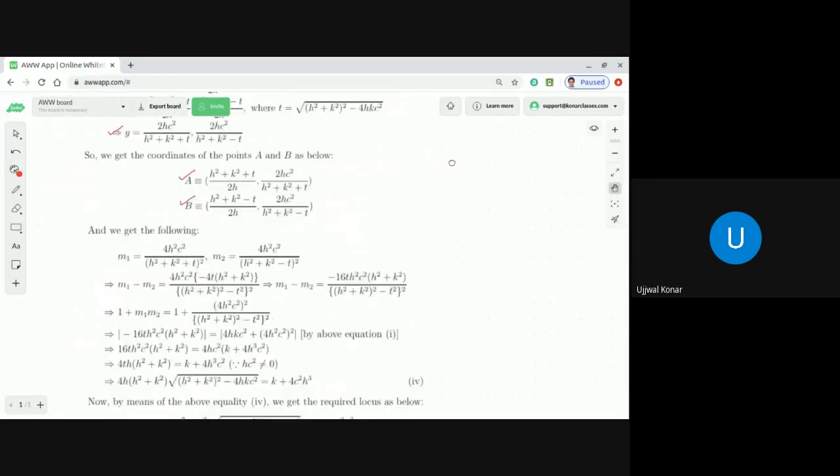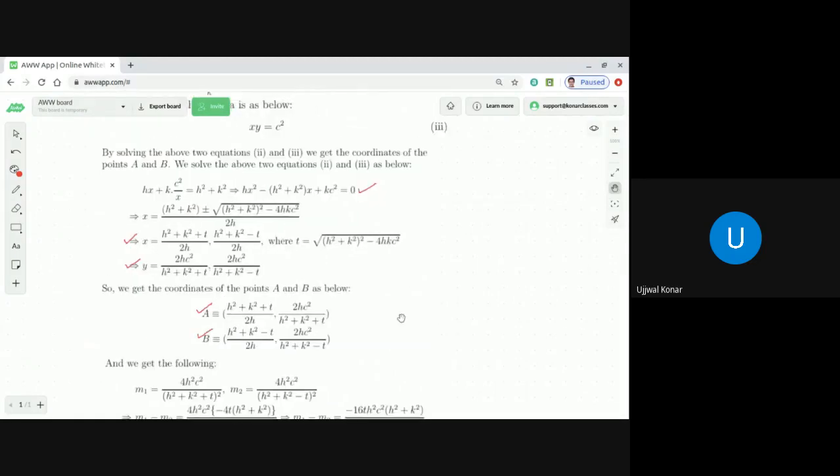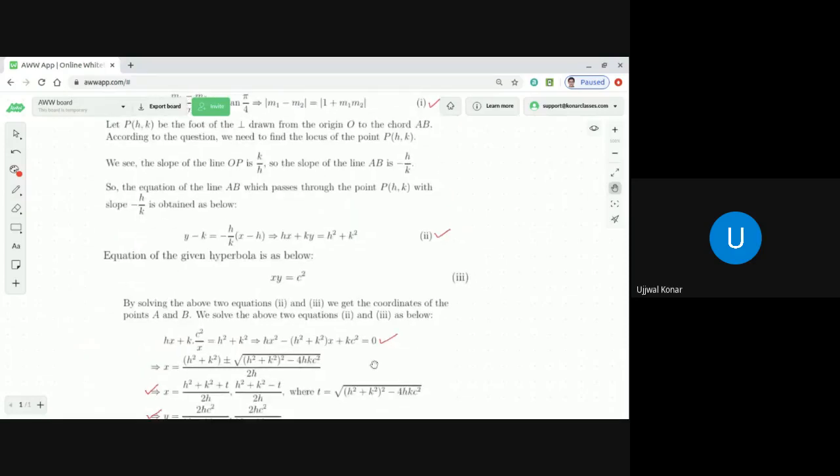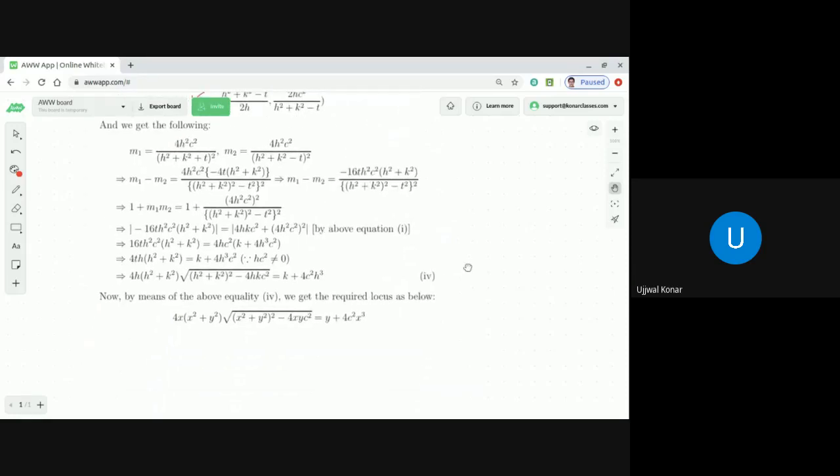The moment we apply this, we get something like this. 1 plus M1 M2 we found out here, and we apply this as we obtained from equation 1, and after that we made a simplification.